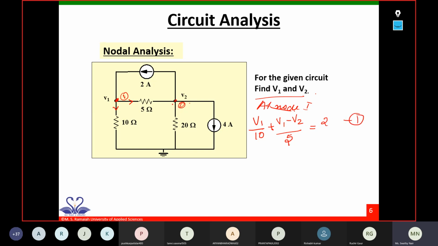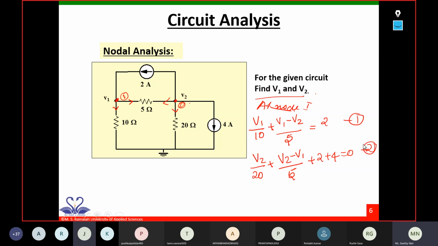Now, considering this node, these are all leaving. Tell me at V2: (V2 minus V1) by 5 plus V2 by 20 plus 2 plus 4 is equal to 0.